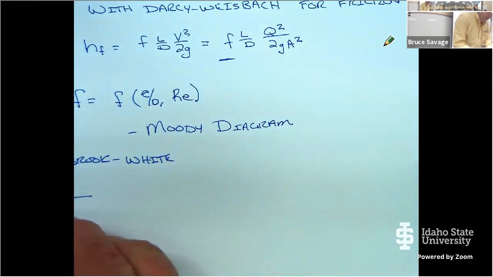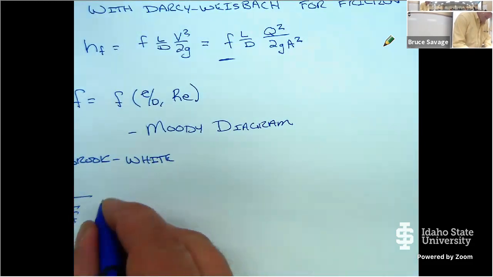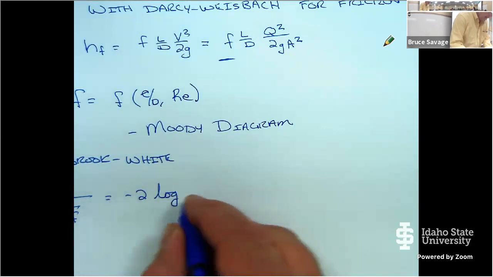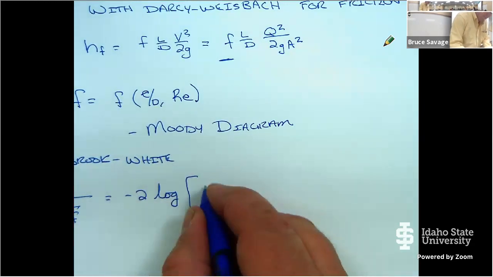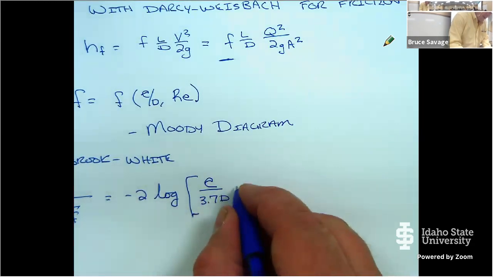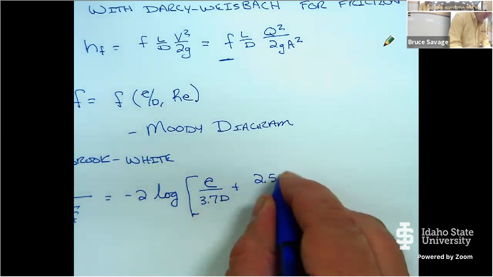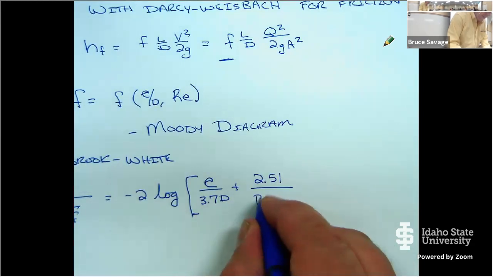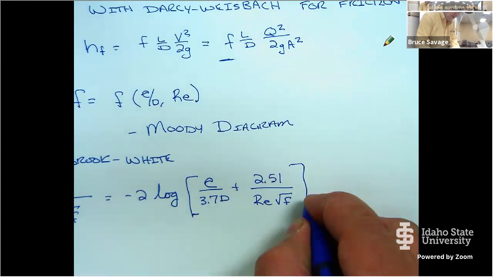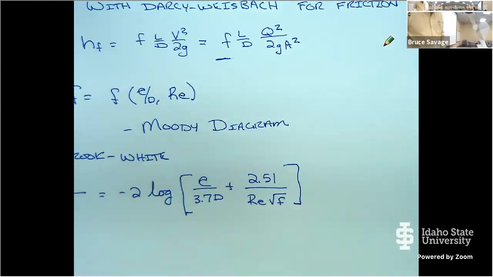They said that 1 over the square root of the friction factor F is equal to -2 times log base 10 of the quantity E divided by 3.7 times D, plus 2.51 divided by the Reynolds number times the square root of F. And they said, using that equation, you can find the friction factor.